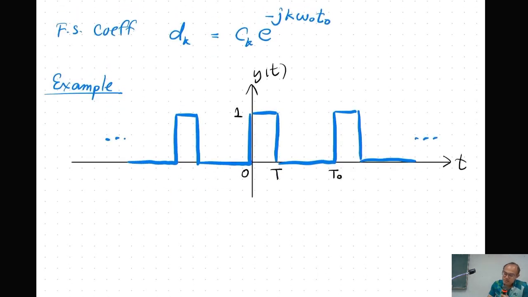So if you look at this, what are you reminded of? We would think about a rectangular pulse, right?